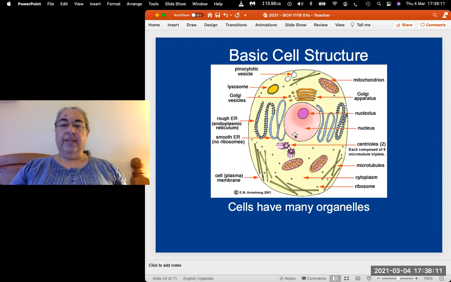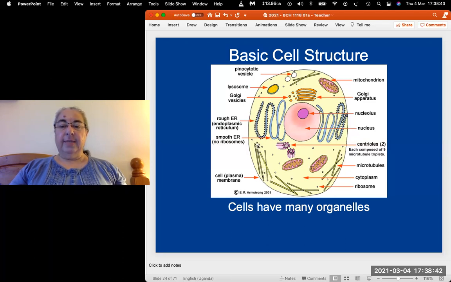So here we can see the nucleus of the cell. Here is endoplasmic reticulum, smooth and rough. Here are mitochondria. Here are centrioles, which are involved in cell division. Here is the Golgi apparatus for processing proteins and other molecules. A lysosome for recycling, getting rid of waste and recycling it.